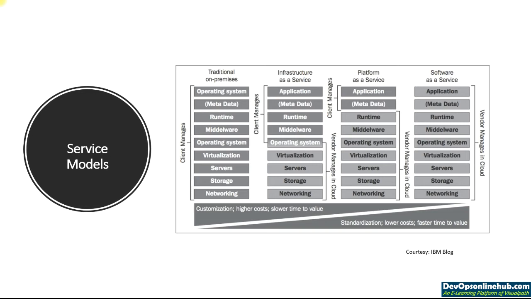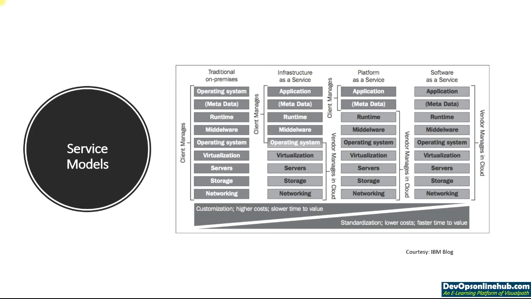stack in our data centers, where we would be running our own operating system and using certain virtualization tools. We would be creating multiple processes or VMs where we can run our middleware system, and on top of that we can run our runtime applications.